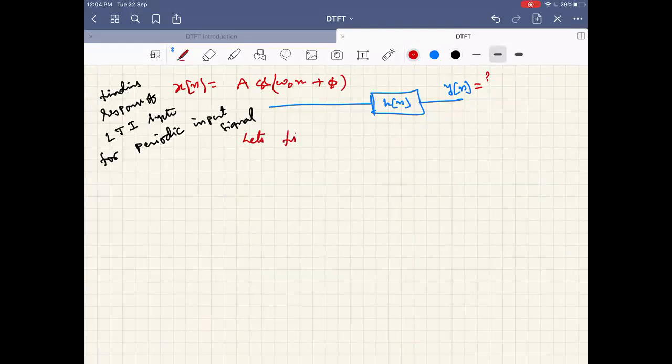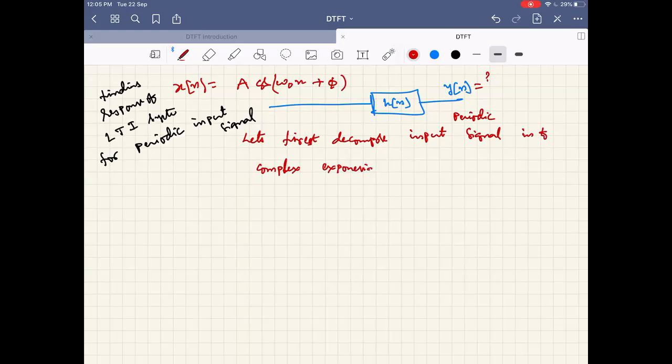Let's first decompose the input periodic signal into complex exponentials.